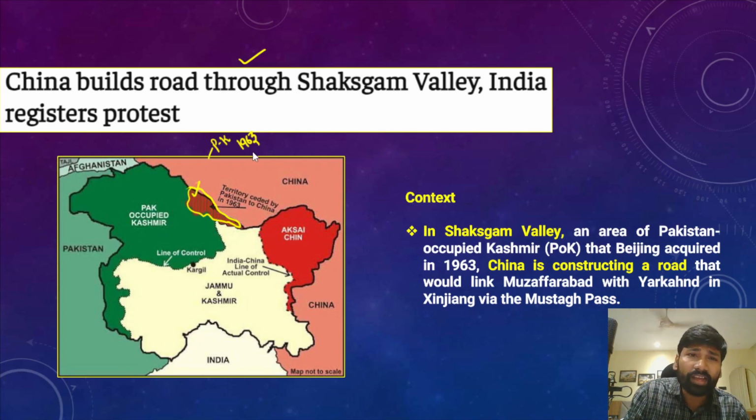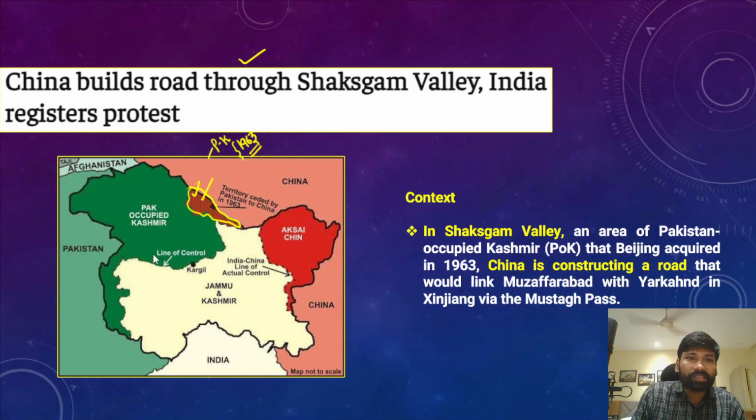However, in 1963, Pakistan ceded this territory to China. India registered a strong protest against this ceding of Indian territory by Pakistan to China.